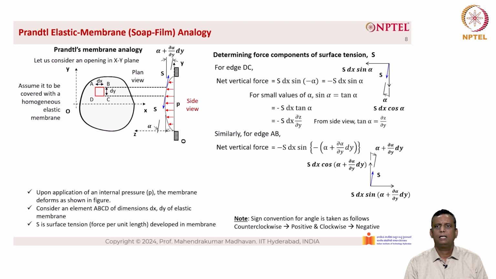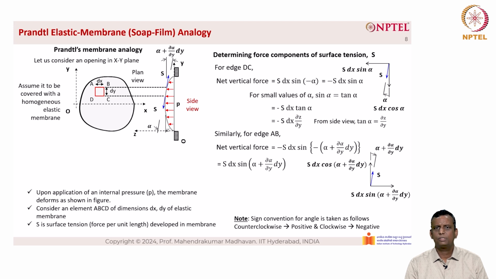The minus sign outside is because it is acting in the direction opposite to the vertical direction. So S dx into sine of alpha plus ∂alpha/∂y into dy is acting opposite because it is not pointing upwards. It is pointing to the right side. So it becomes minus. The minus inside the bracket is simply because of the sign convention. Hence, we have this equation.